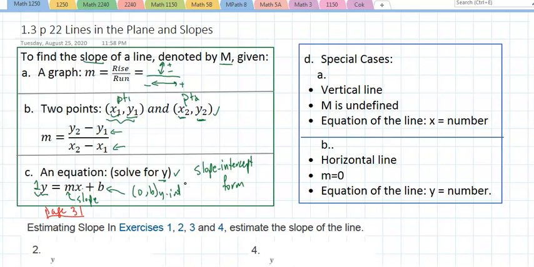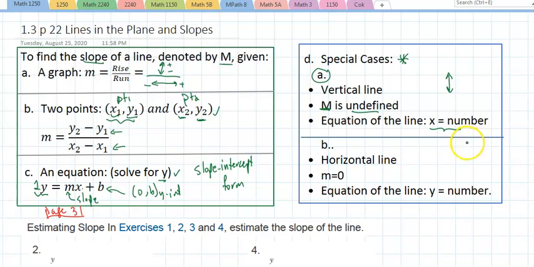Why is that important? We have 2 special cases. Even though they're special cases, they arise a lot more than you like. Special case 1: if you have a vertical line, which really runs up and down, you should know automatically that the slope is undefined. If you look at the equation that's given, it's normally x equal a number. Y is not present. In any equation of an oblique line, there's an x and a y.